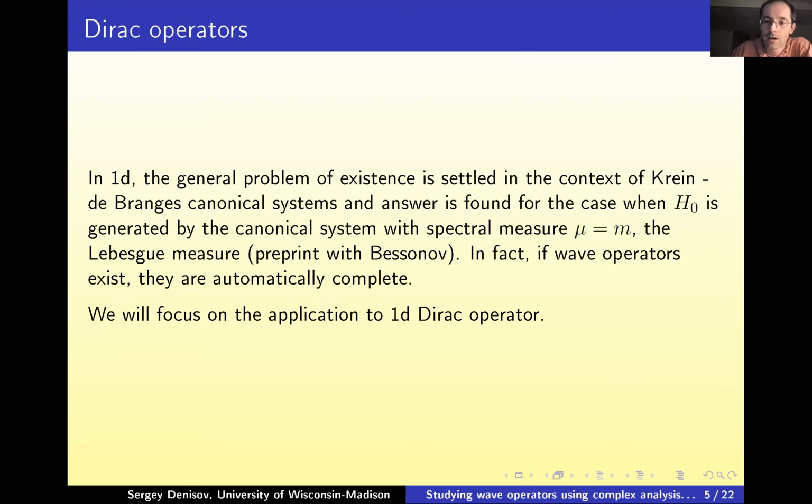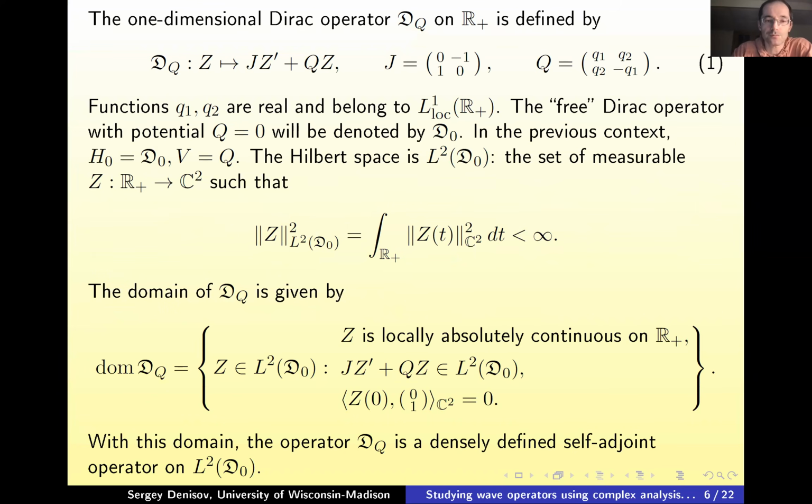So let me focus on one particular important case, and specifically on the one-dimensional Dirac operator. So what are one-dimensional Dirac operators? They are coming from relativistic quantum mechanics. So the one that I have written right here, rather I would say that this is a case when the actual relativistic Dirac operator comes with some symmetries like spherical symmetry, but that's not the only source.